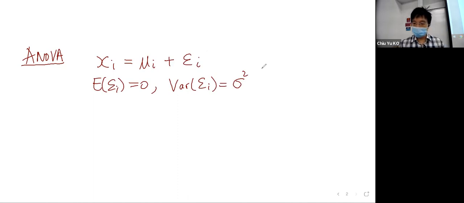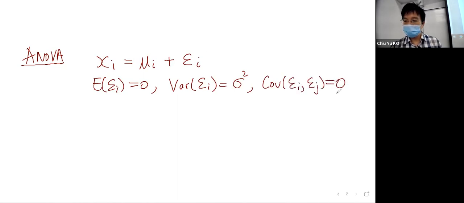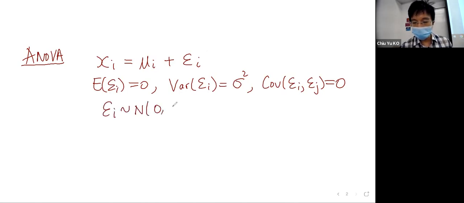And we also have each group independent, so the covariance is 0. When you do inference, we will assume further that epsilon is normal with mean 0. We assume there's a bell. So that is the one-way ANOVA model.